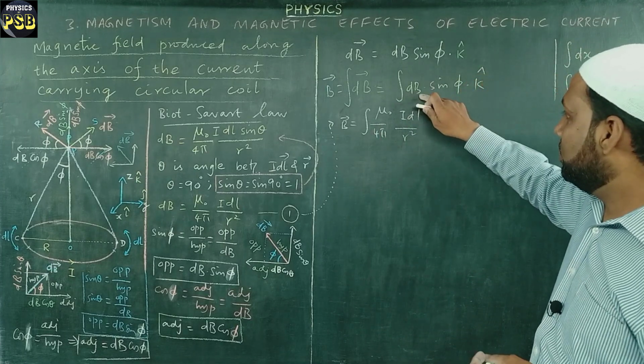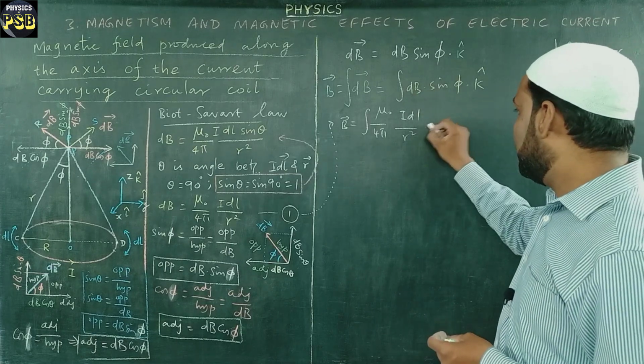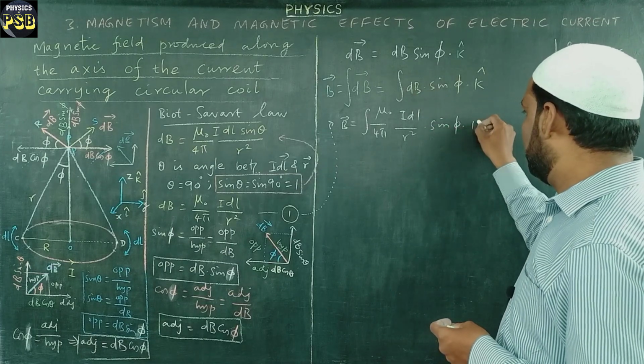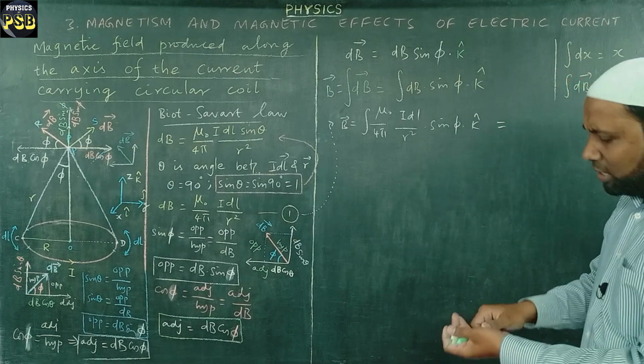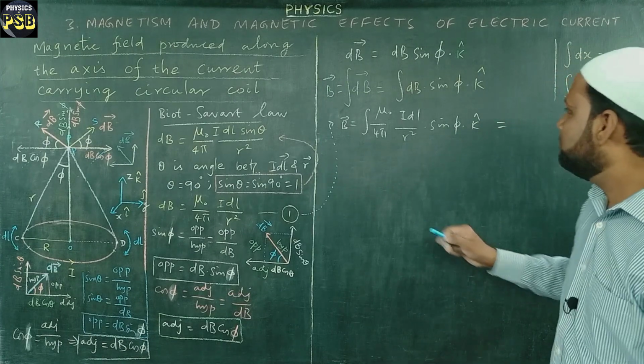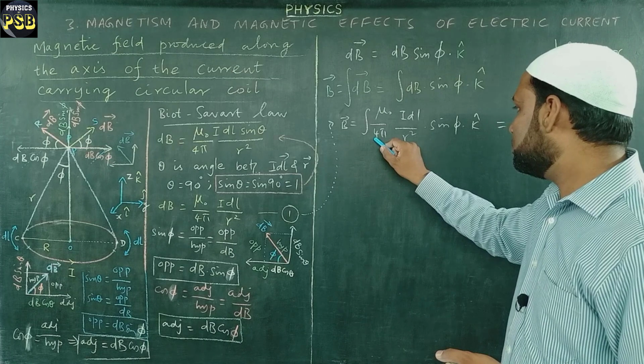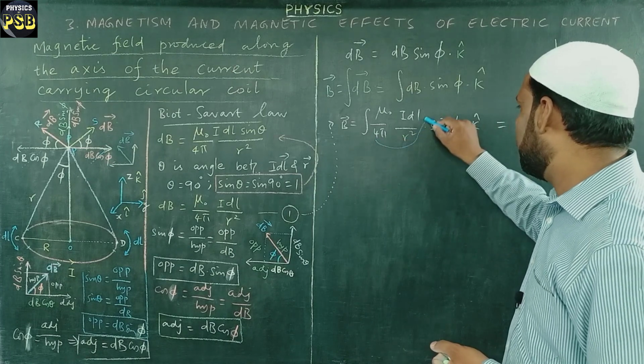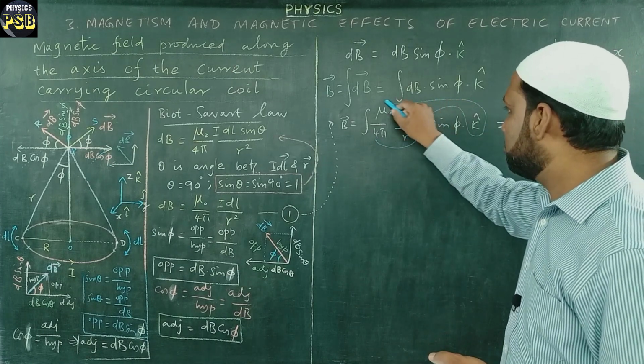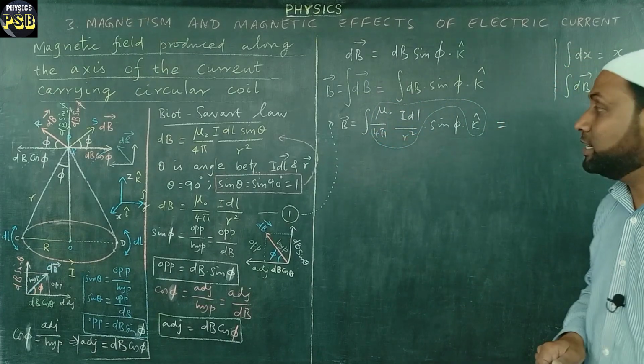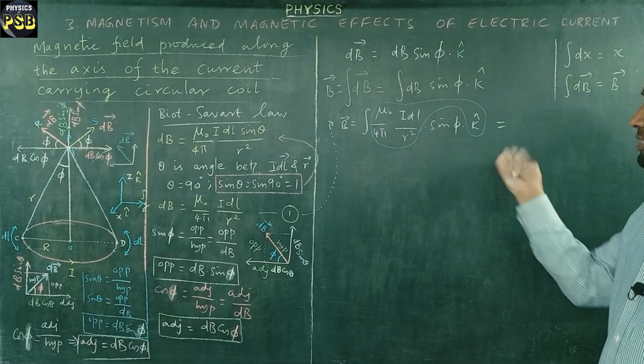This is the value of dB. Then what remains here? Sin phi k cap. Now if you look at this equation carefully, you will find that this portion is a constant. So we do not integrate the constant, so it is taken outside.